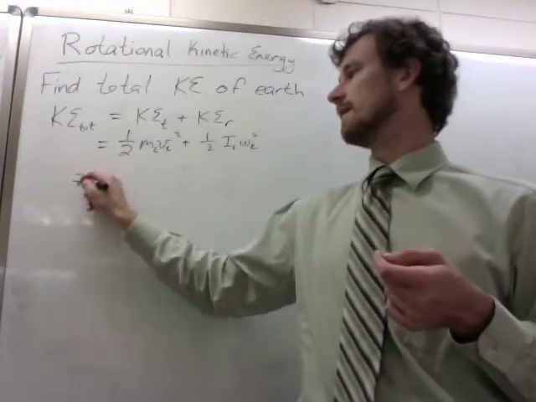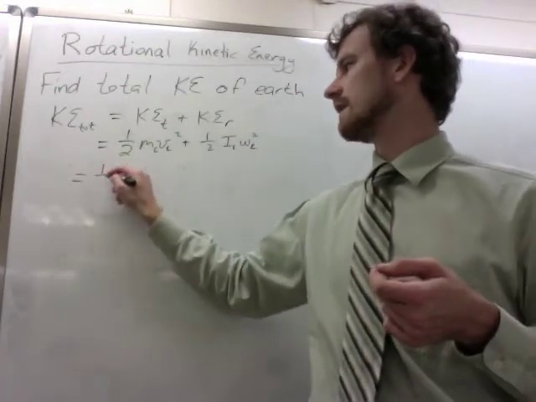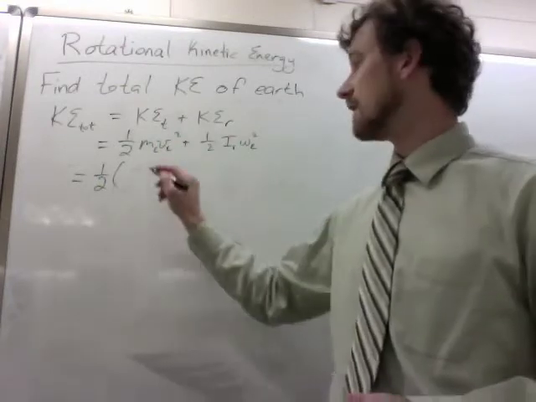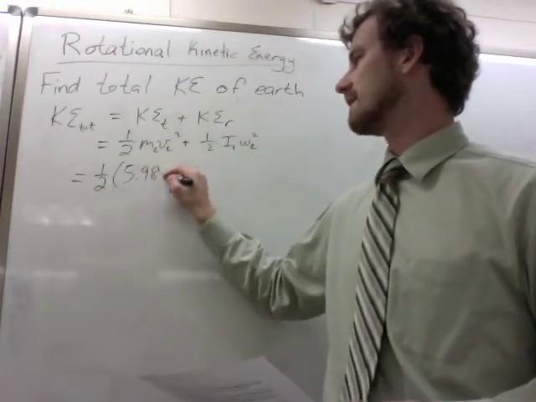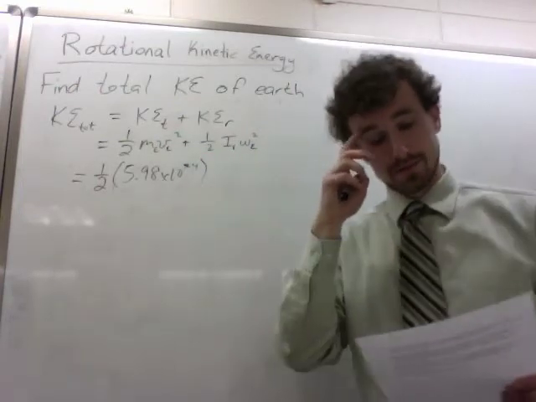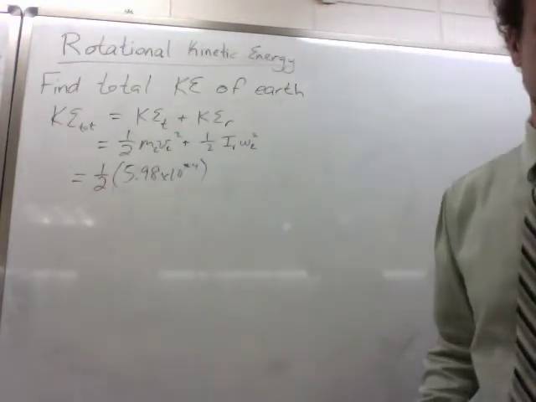So we can look up some of these quantities. The mass of the Earth, as it turns out, is 5.98 times 10 to the 24th kilograms. The velocity of the Earth is a little bit trickier.